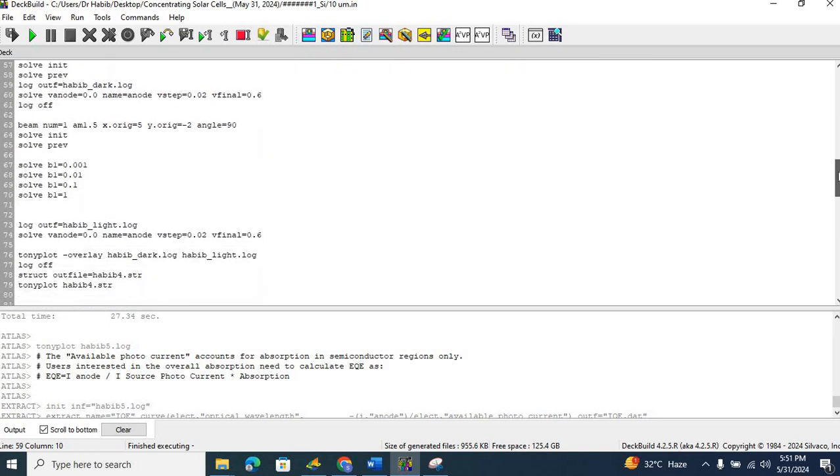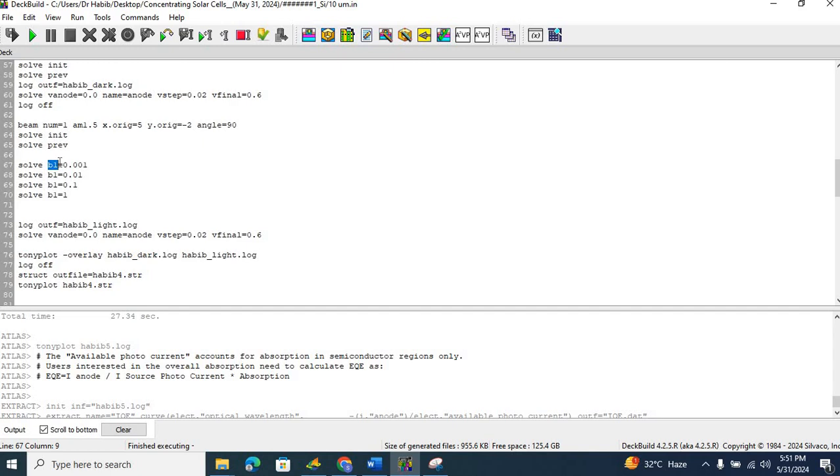Then I want to look at the IV characteristics of this structure under light conditions as well, and for that purpose the first step in the solar cell analysis is to illuminate the device, and we can turn on the illumination by assigning the beam intensity on a sol statement. Like over here you can see the sol statement, and here we define the beam intensity.